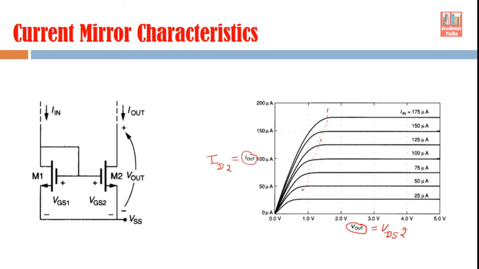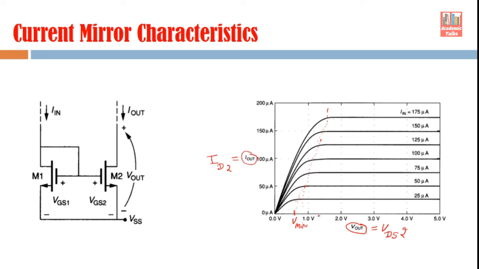So there is a certain output voltage, which is your V minimum, and you see this V minimum is different for these different curves. Here the V minimum is this, here it will come here, and for this top curve V minimum will come here, right?